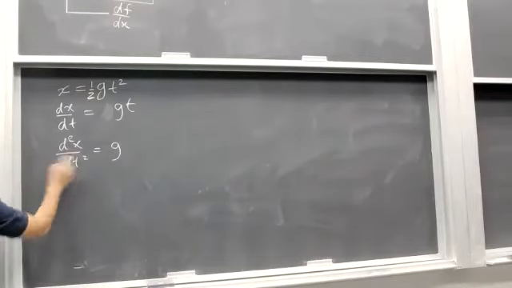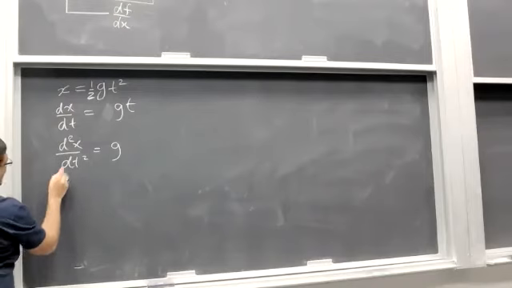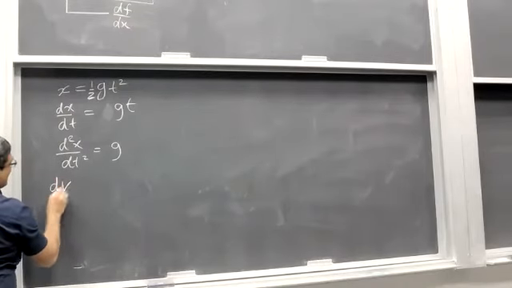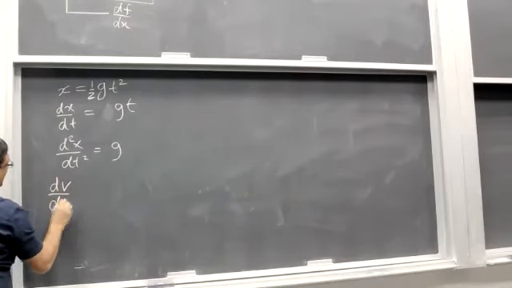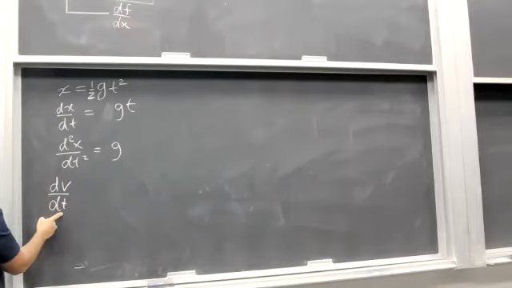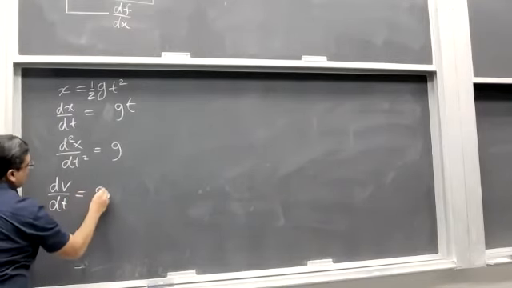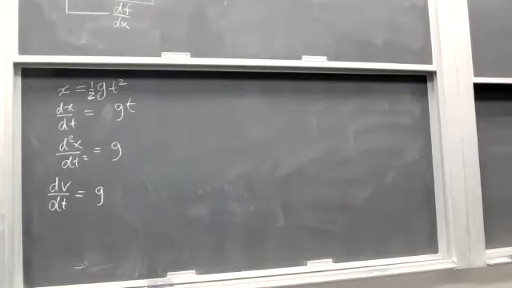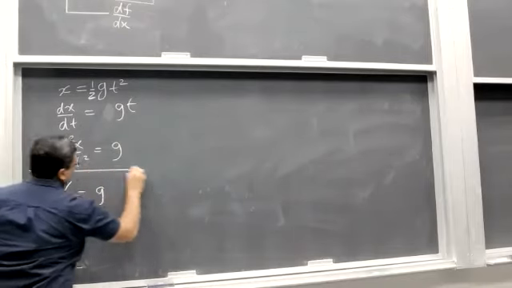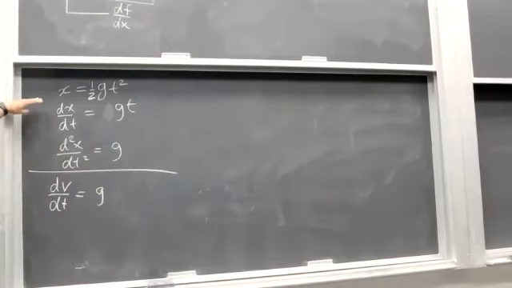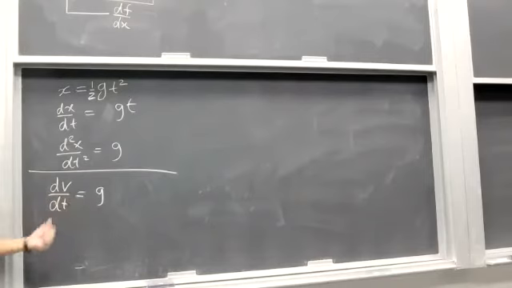With this equation, and you know that I can also write this equation as dv over dt, the derivative of speed with respect to time, that is g, or the acceleration. So starting with x, we take derivatives and get the speed and the acceleration. Here we are starting with acceleration, and we want to find out v.